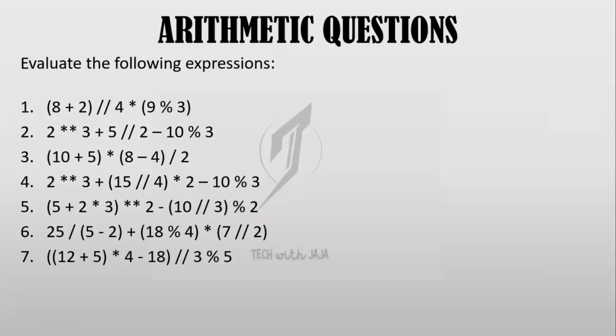So here are some arithmetic questions I want you to help me solve. I'll pause the video so you can look at them, and you will drop your answers in the comment section. For example, let me solve question 1 so that I can show you how I want it to be solved.